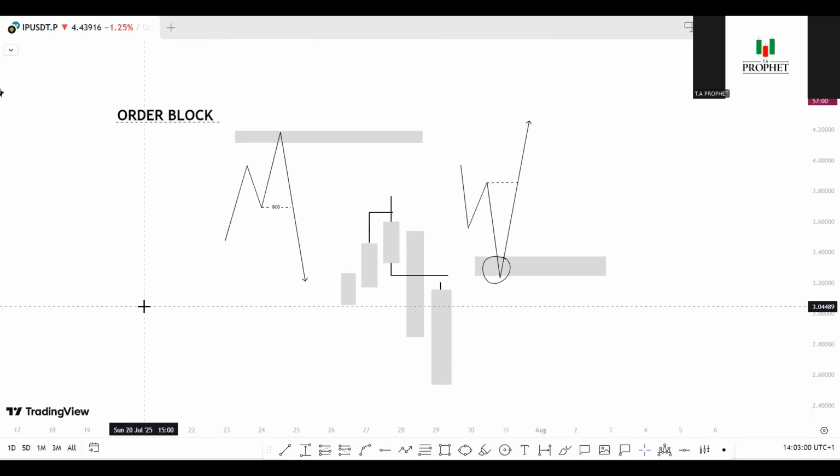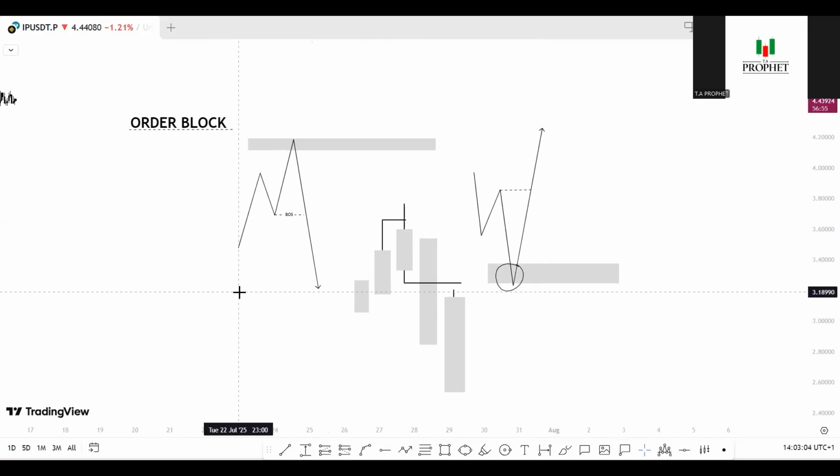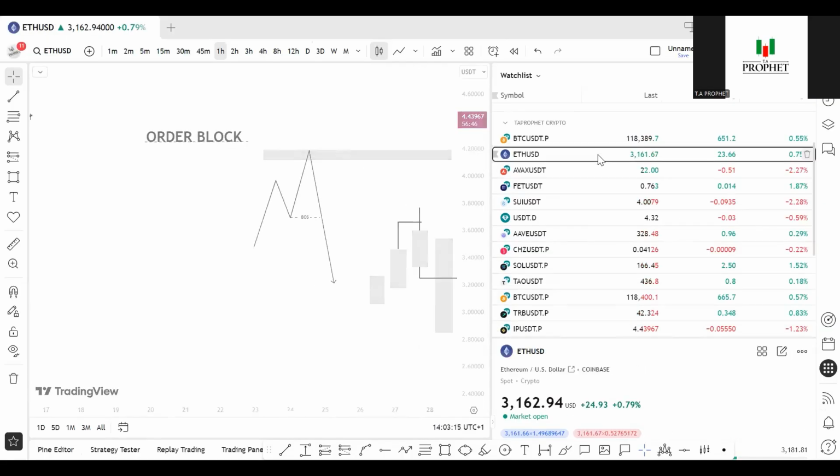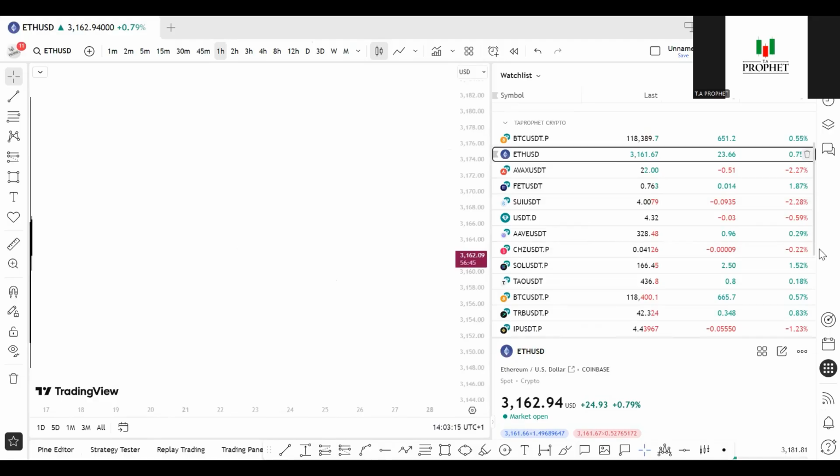Now let's go and look at some examples on the chart. So let's look at this Ethereum. I posted this Ethereum stuff yesterday. Is it this one? Let me see.